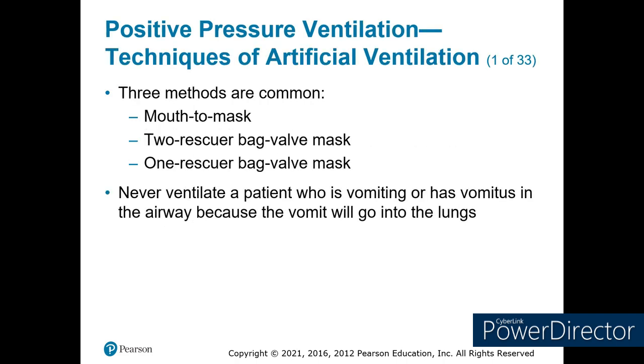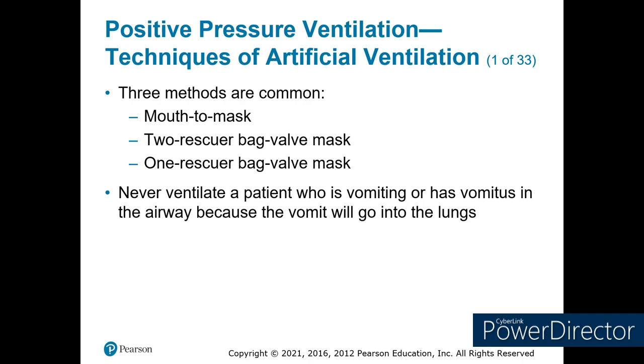The 3 most common methods for giving artificial ventilations: mouth to mask, 2 rescuer bag valve mask, and 1 rescuer bag valve mask. And that is presented in the order of preference. The mouth to mask gives you really good pressure control because you feel exactly how much pressure is going in and out, and you can adjust as needed.